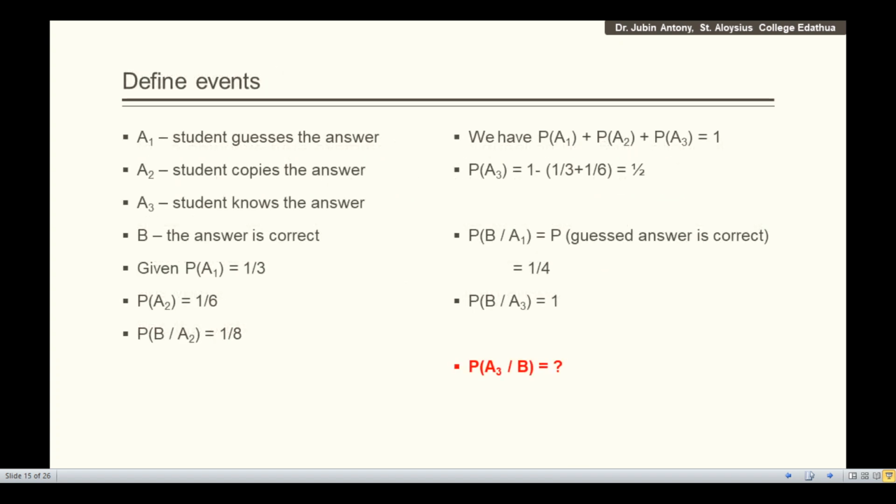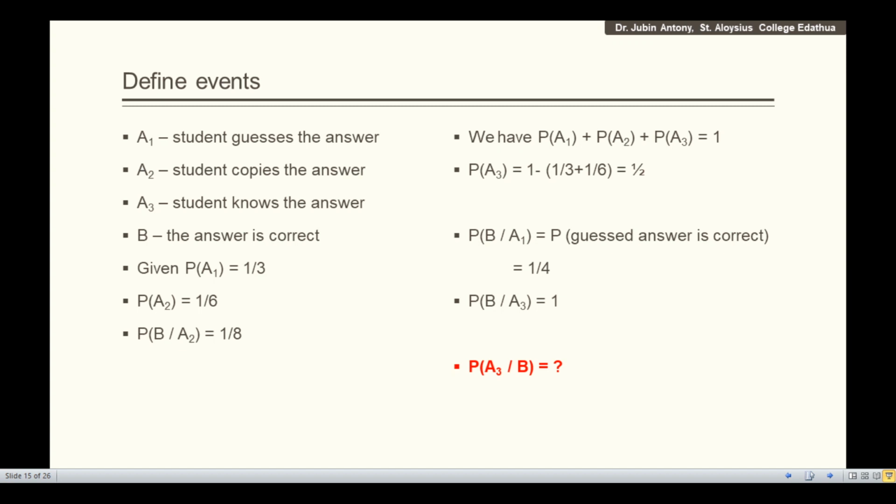Here we define the events as A1, the event that the student guesses the answer, A2, the event that the student copies the answer, A3, the event that the student knows the answer. Here we define the event B as the event that the answer is correct. It is given that probability of A1 equal to 1 by 3 and probability of A2 equal to 1 by 6.